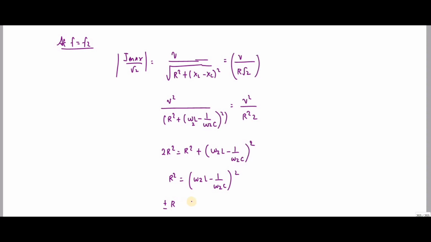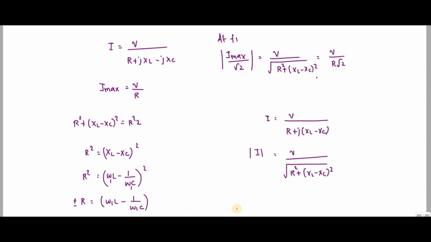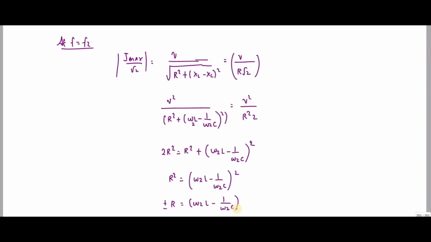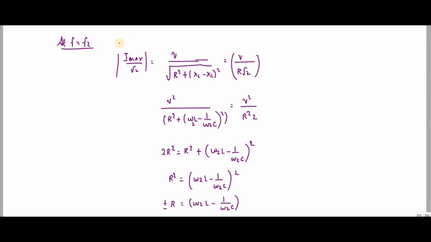So R squared is equal to (omega 2 L minus 1 divided by omega 2 C) whole squared. So plus or minus R is equal to omega 2 L minus 1 divided by omega 2 C. So R is equal to omega 2 L minus 1 divided by omega 2 C, right?